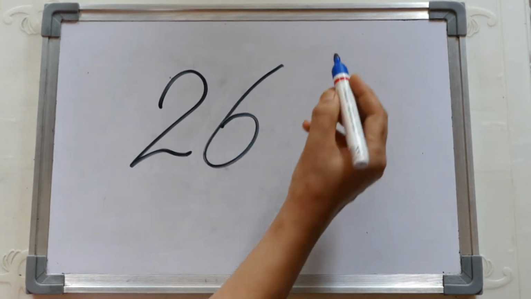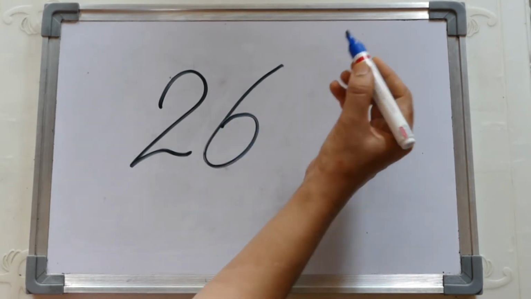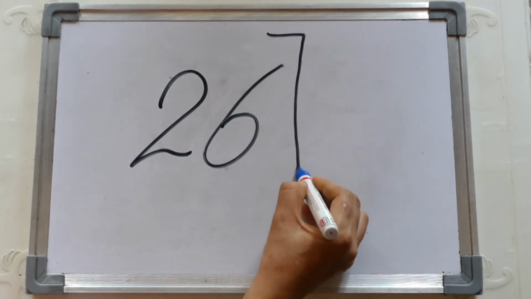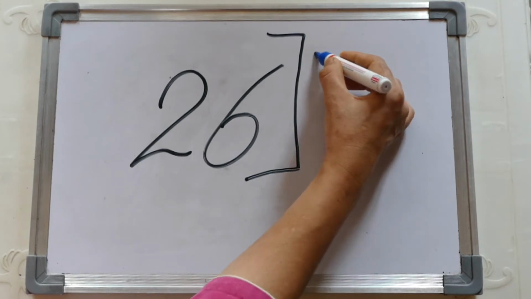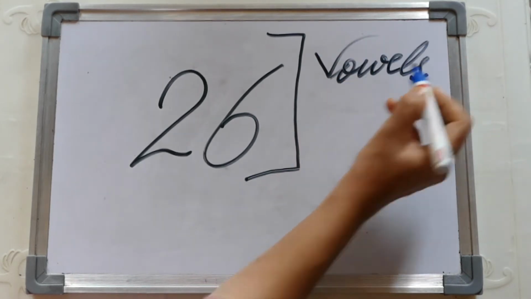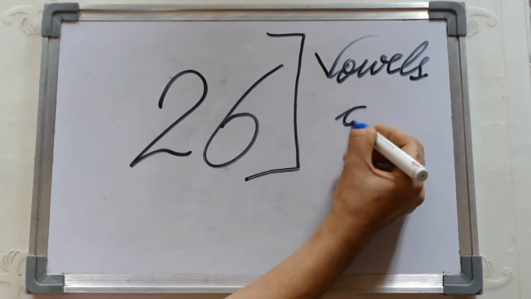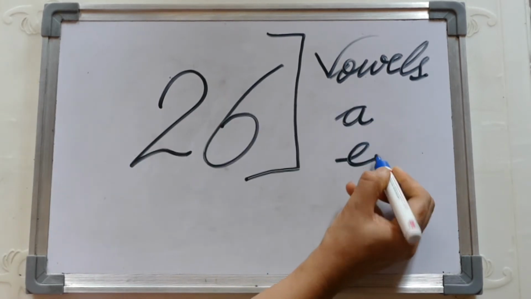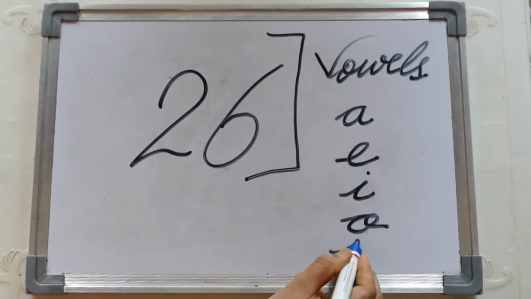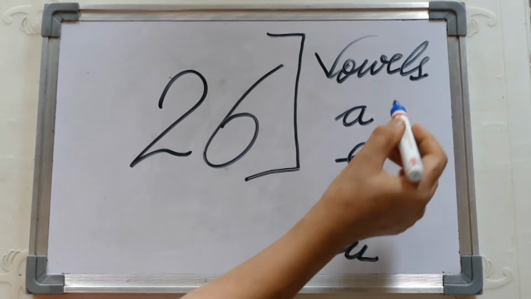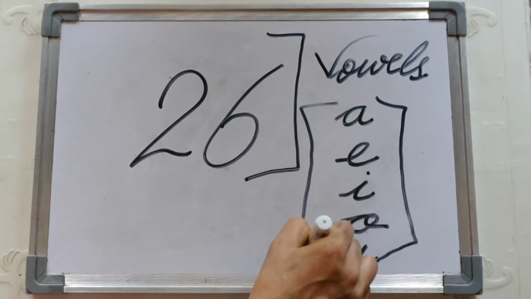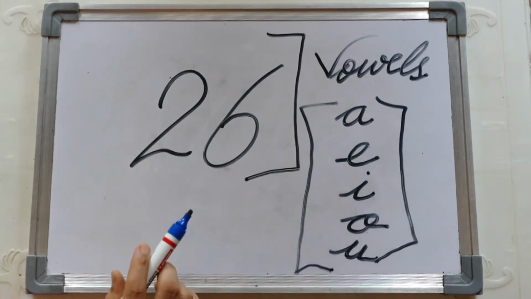And you already know every letter is having different sounds, and in English alphabet there are vowels also. And how many vowels? 1, 2, 3, 4 and 5. These are 5 vowels and they are having different sounds.